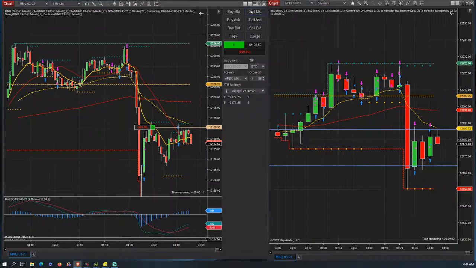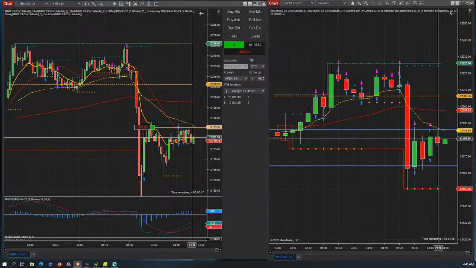Yeah, I'm stuck in a level right here. 12,177. I think it's probably gonna come down, to be honest. So it's either going to draw down or just exit. Keeping in mind this is my eval account, so drawdown is a thing. It's at a level right now, and basically if it breaks this, it's gonna go down a chunk.